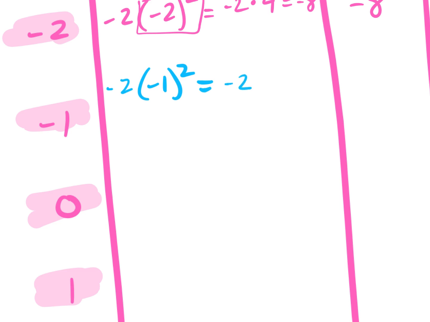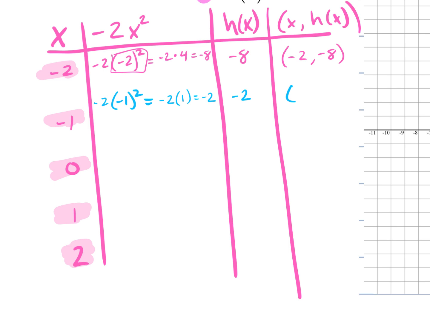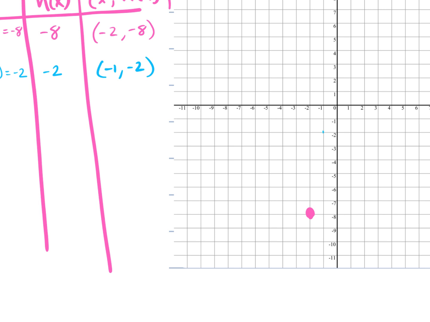Negative 1 times negative 1 is positive 1. So negative 2 times 1 is negative 2. So we get negative 2 for our y. So what would our point be here? Negative 1 comma negative 2. So we're going to go to the left to negative 1 and down negative 2.